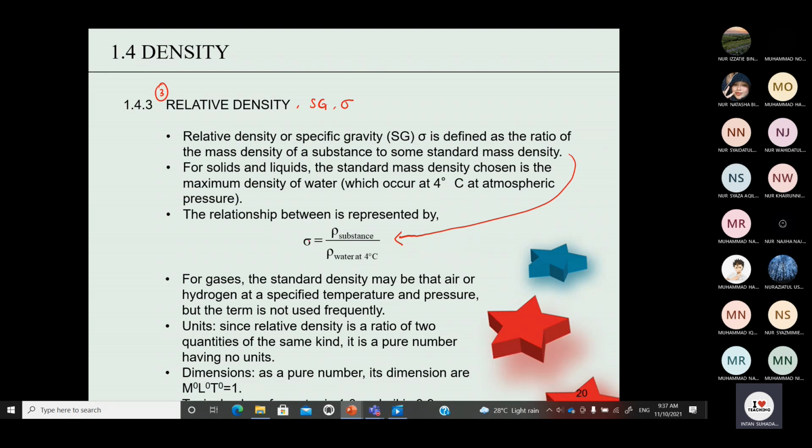So the specific gravity is the mass density of a substance divided by the mass density of water at 4 degrees Celsius. It has no unit, unitless, because rho over rho cancels the unit.